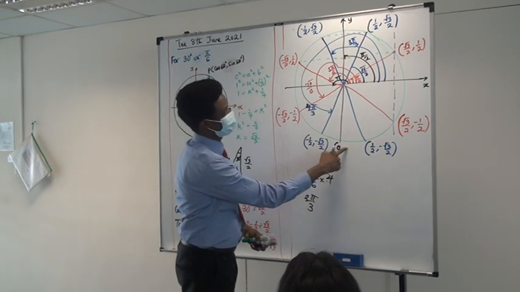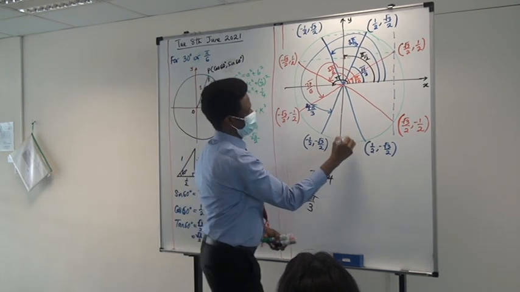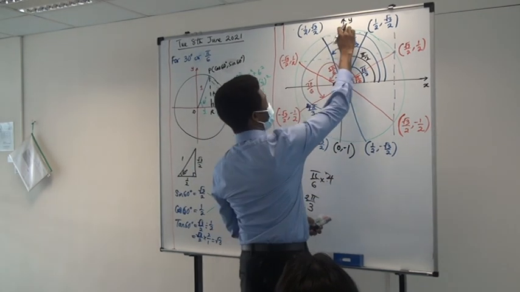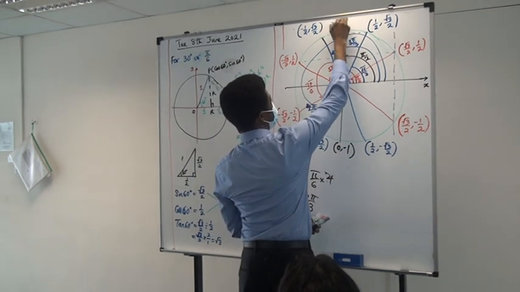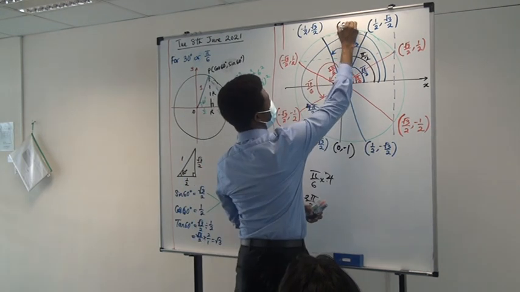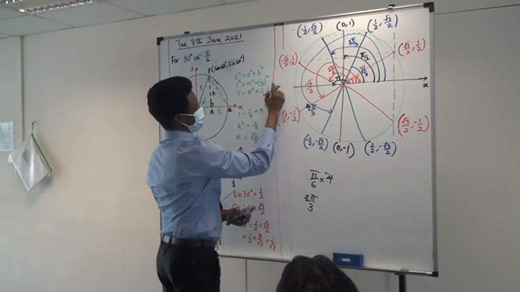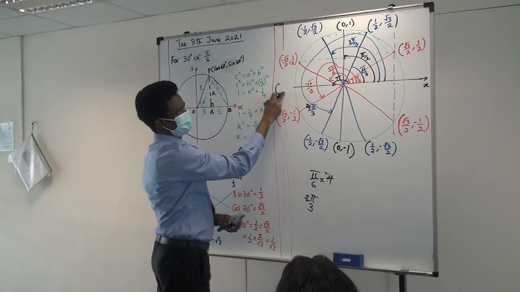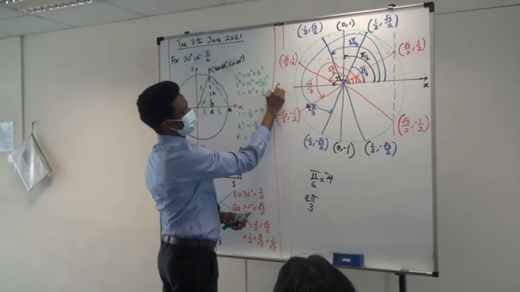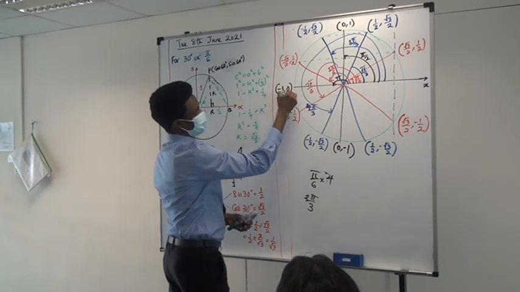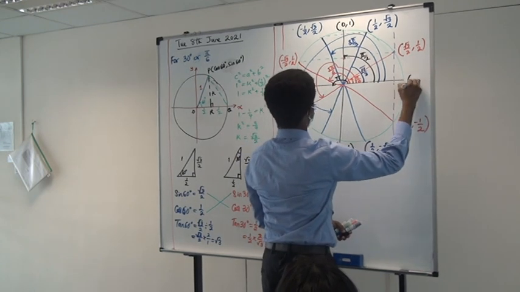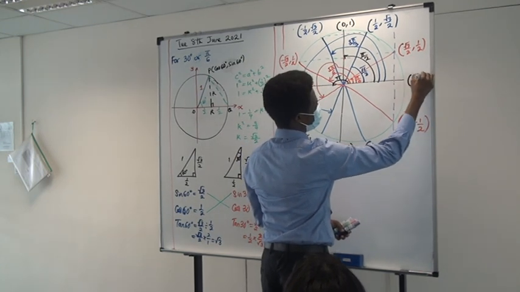And y here is what? -1. And the opposite is at the top. Yes? 0, 1. Similarly, what is this? X is what? -1, and y is 0. And the opposite is here. Yes? 1, 0. That's it.